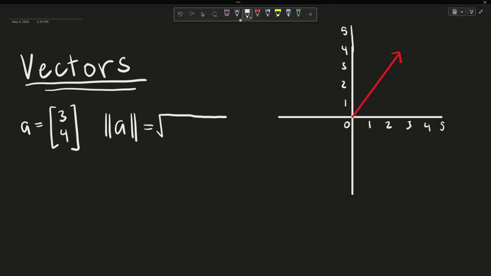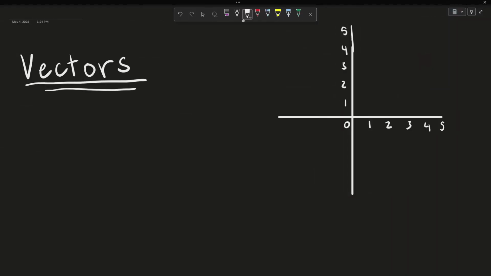So we'd have 3 squared plus 4 squared. And for the astute among you, you might observe that this is a 3, 4, 5 triangle. So we'd have that the magnitude of A is equal to 5 units of length. Let's take another vector, which we'll call vector B, and we'll make it equal to (2, 2).